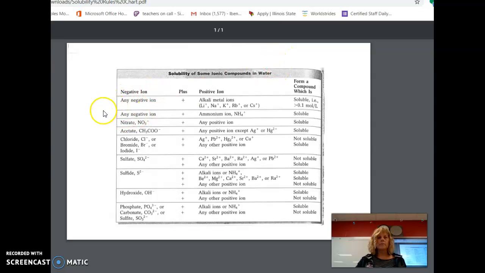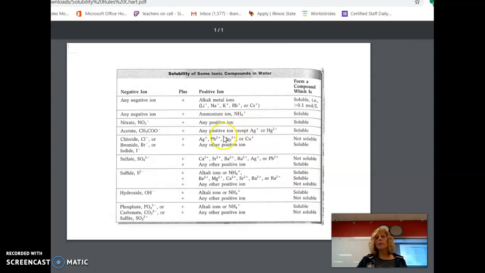So what this is all based on is the negative ion or anion and whatever positive ion it's going to ionically bond with, and then we're going to be able to determine whether it's soluble or insoluble.